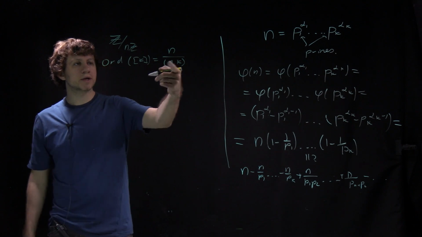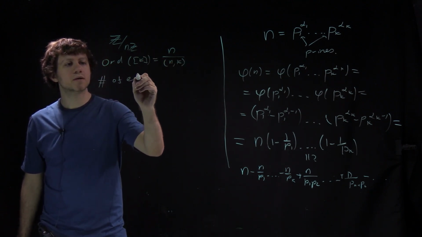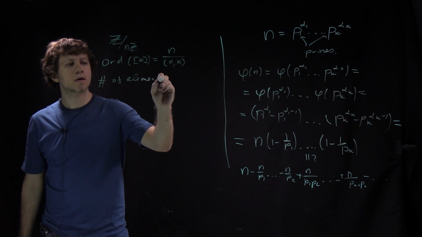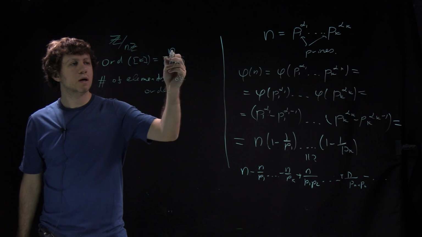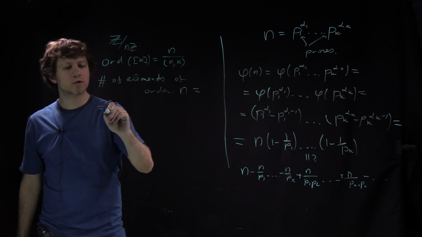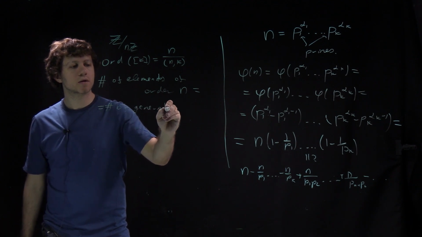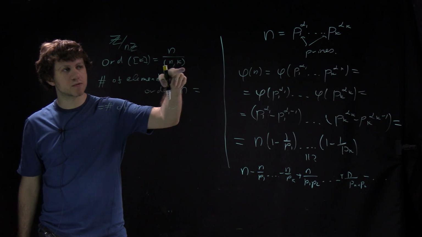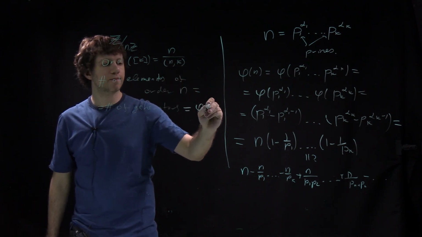So in particular, you can easily see that the number of elements of order n, which is the same as the number of generators of the group, is of course just equal to the number of coprime numbers k. So this is phi of n.